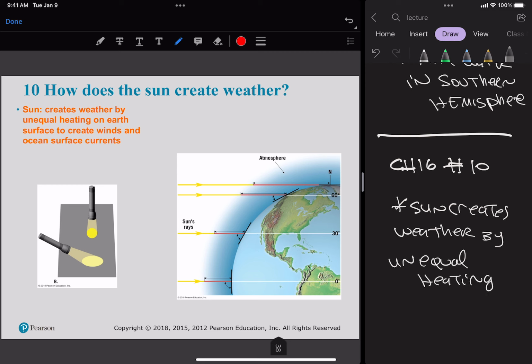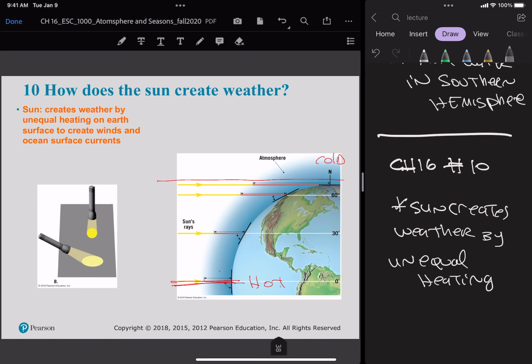What that means is that at the equator you get direct sunlight, so it's going to be hot at the equator, and at the poles you get glancing sunlight, so there it's going to be cold. And fluids, whether it's water or air, always travel from the hot region towards the cold region. In the atmosphere, that corresponds to moving air, circulation, or weather.